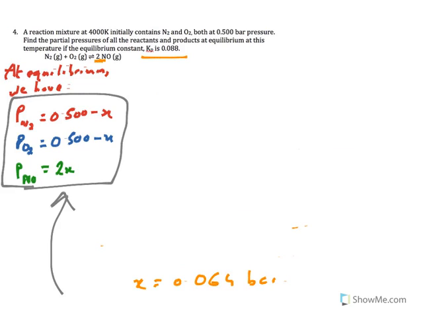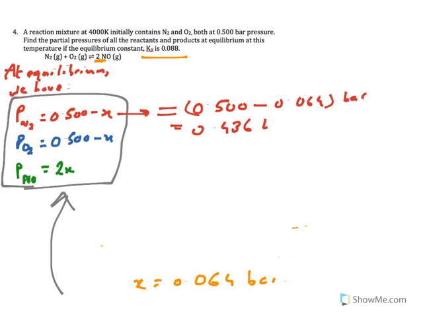So for nitrogen, we are going to have our partial pressure equal to 0.500 minus 0.064 bar, which is equal to 0.436 bar.